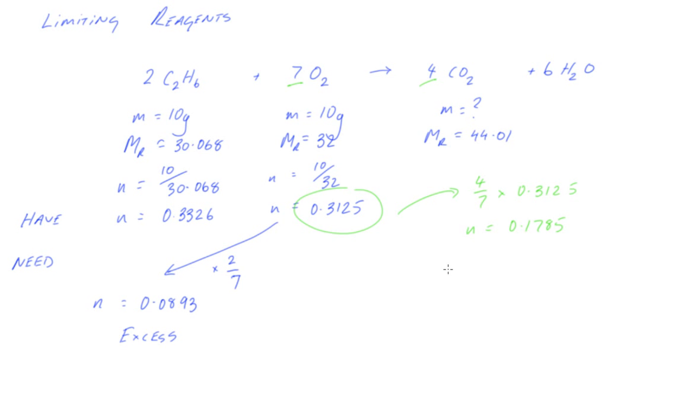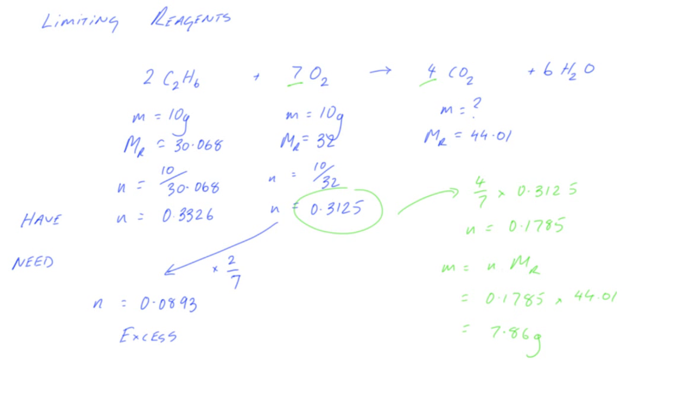Mass is equal to moles times relative molecular mass, which equals 0.1785 times the 44.01, so that will give me 7.86 grams.